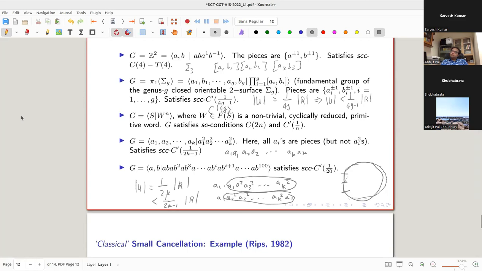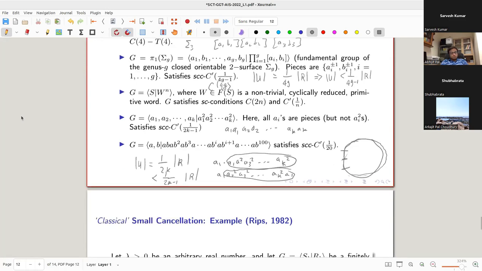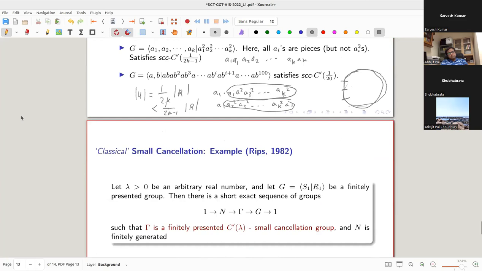Okay, in this example, the last one, what we can see is it's a very long word, say a b square, a b cube. So I'm increasing the powers of b but keeping the power of a the same.